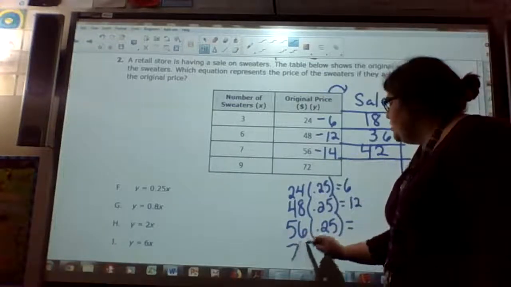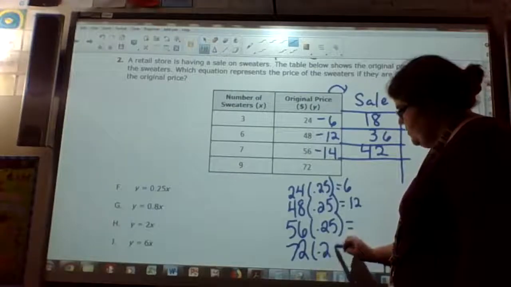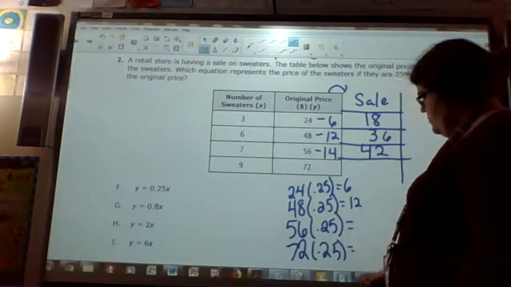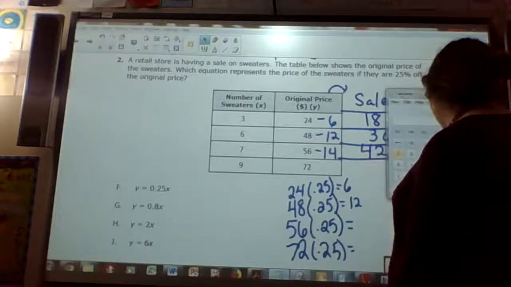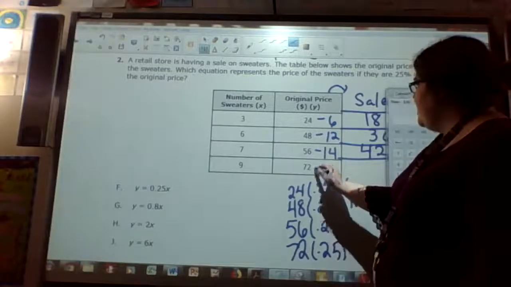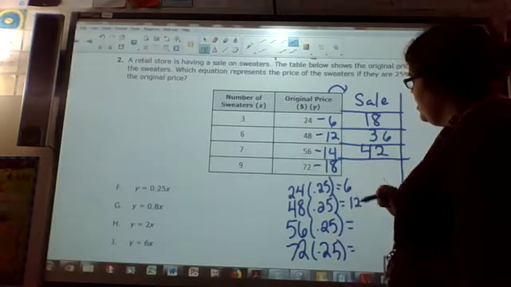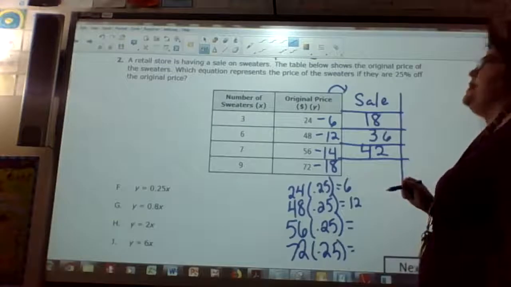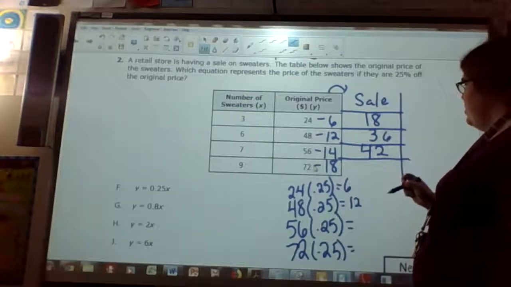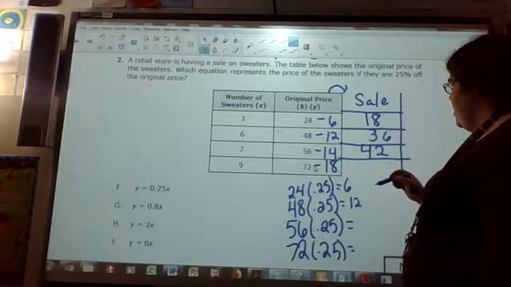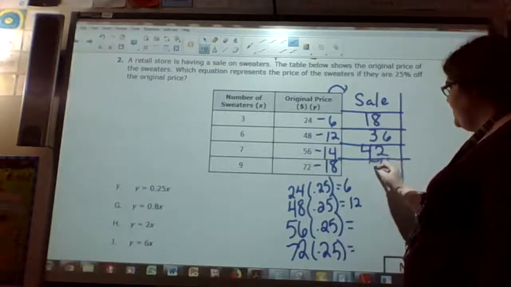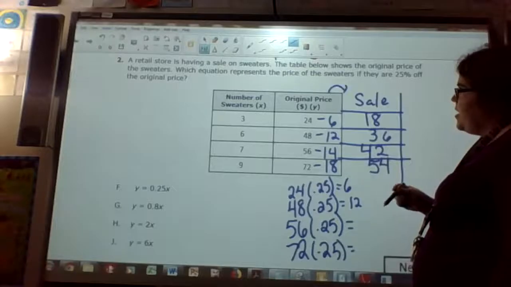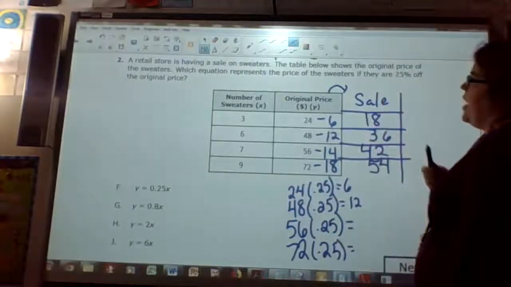And then 72 times 0.25 is 18. So I'm subtracting $18. 72 minus 18 is 54. And then now I have my x and my new y.